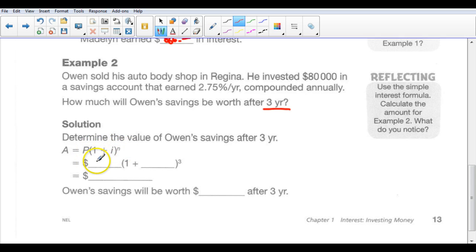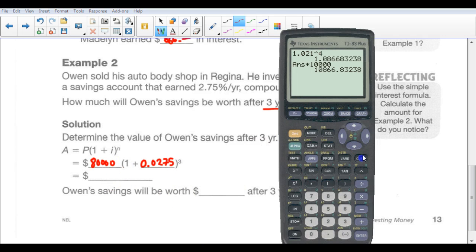Okay, so let's plug in the numbers. His original investment was $80,000. The interest rate is 2.75%, which is 0.0275. N is 3 for 3 years. So let's take our calculator. We'll clear it. We have to do what's in brackets first, so 1 plus 0.0275 equals 1.0275.